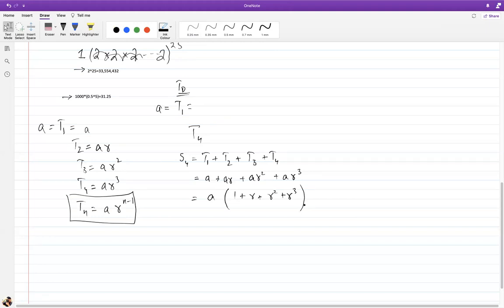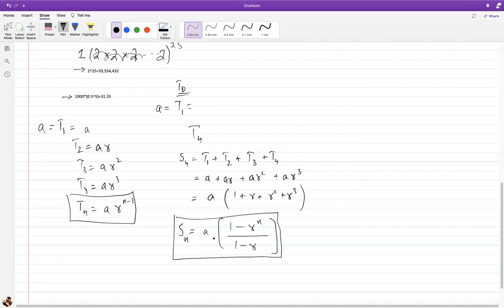Using some algebra, which I don't need to do with you, this whole thing is nothing but A into 1 minus R to the power n over 1 minus R. If I want to do it for 4 terms, I simply put 4 here. So the sum till 4 is A times 1 minus R to the power 4 over 1 minus R.